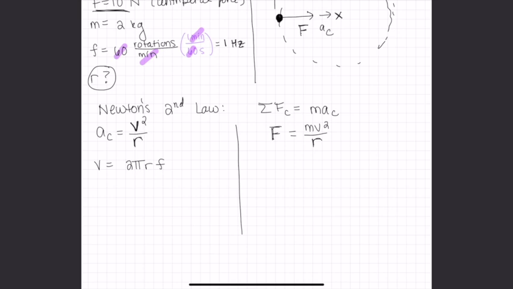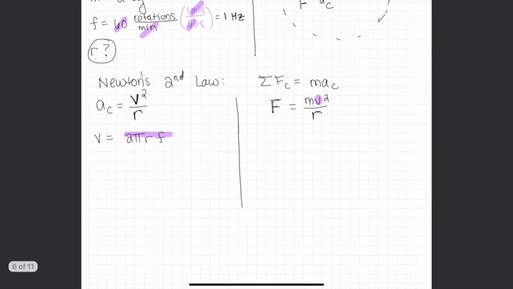So we could, because then you would have that F, we could just plug this whole quantity in for v inside of that v squared, and then we would have our equation in terms of all variables we know plus only one that we don't, which is what we're solving for. So we could go ahead and go that route.